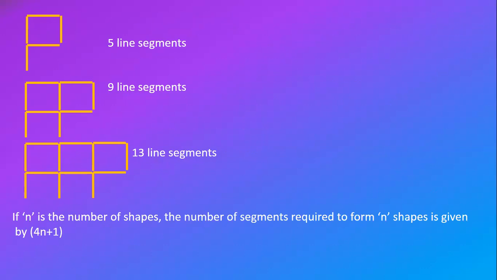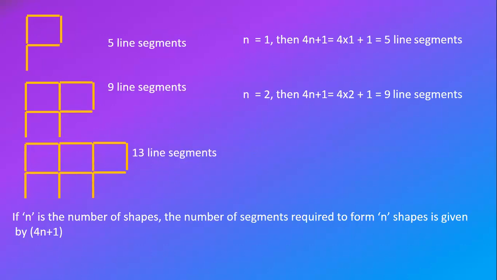That is, in the first case, we have used 5 line segments to make one shape P. So, if n is equal to 1, then 4n plus 1 will be equal to 5, that is, we have used 5 line segments.